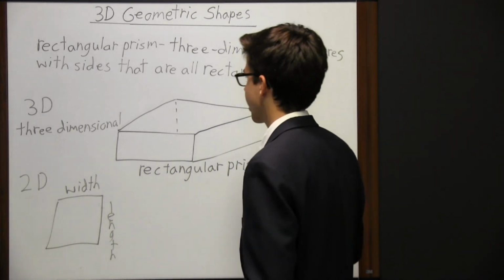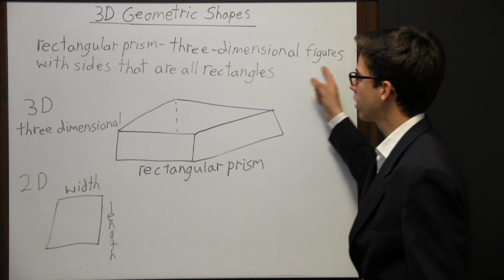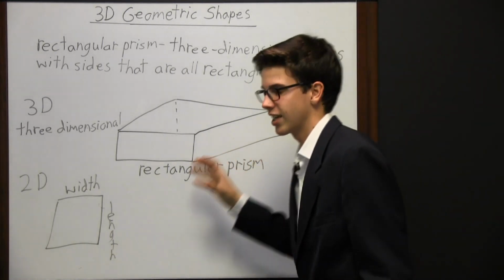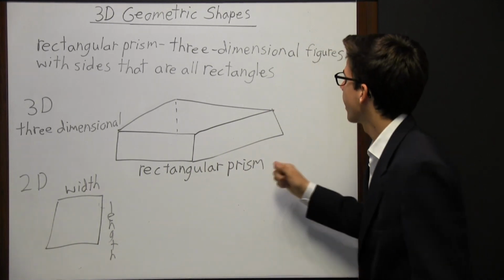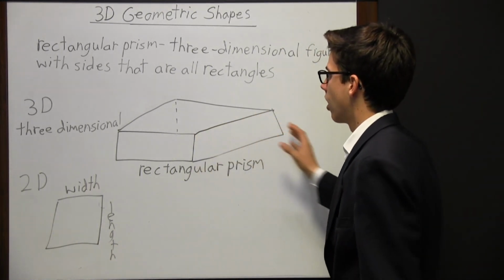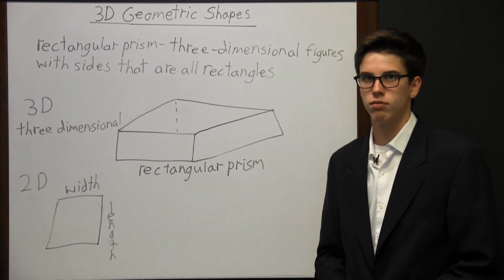And so this is a rectangular prism, and the definition of that is a three-dimensional figure with sides that are all rectangles. So this drawing right here is representing something with length, width, and height. And notice that all sides of it are rectangles. So it's a rectangular prism.